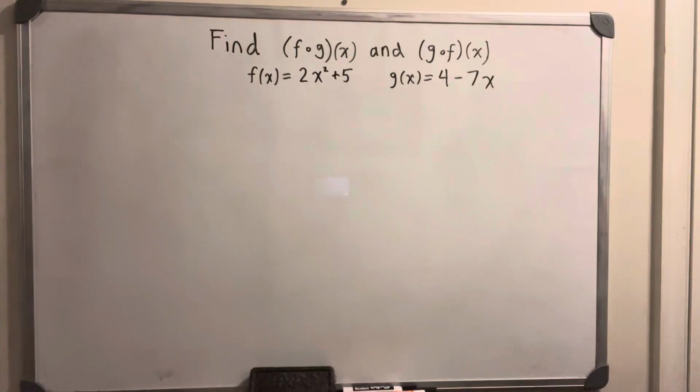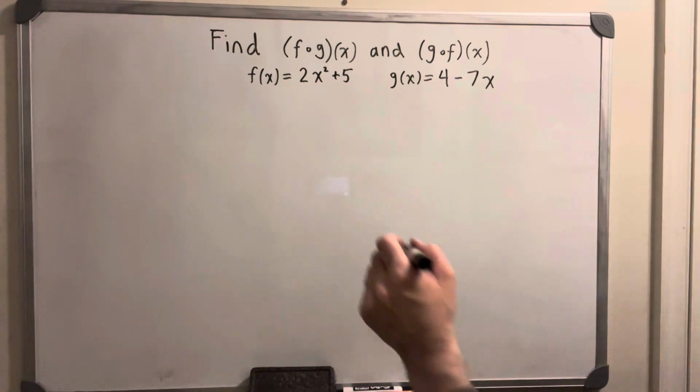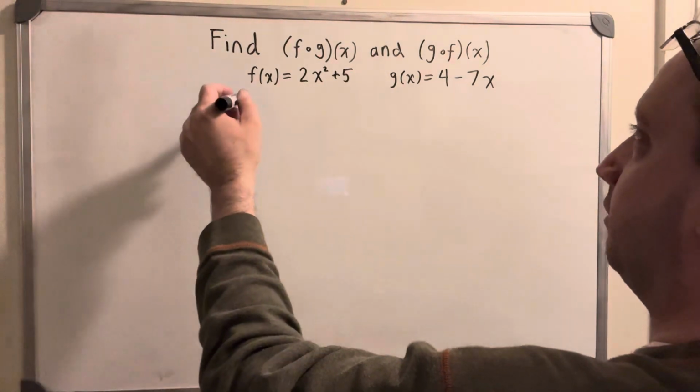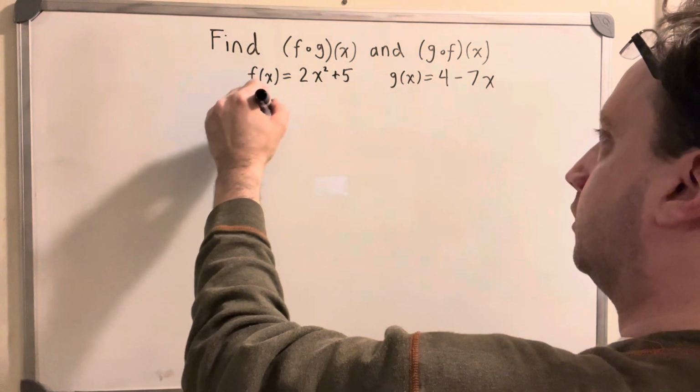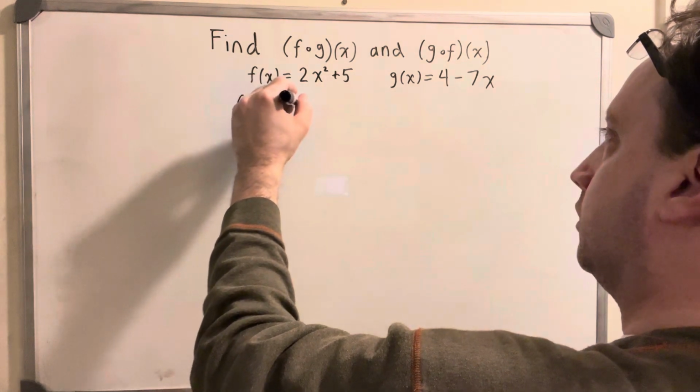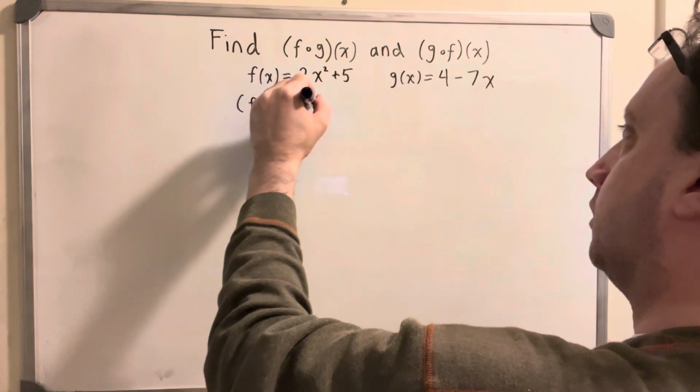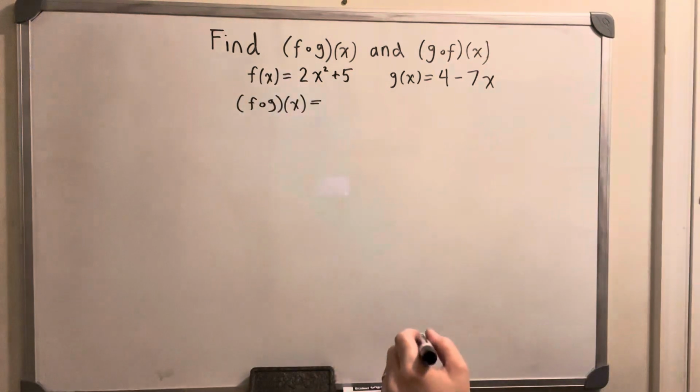This problem says find f of g of x and g of f of x, where f of x is 2x squared plus 5, and g of x is 4 minus 7x. Let's find f of g of x. What do we do first?